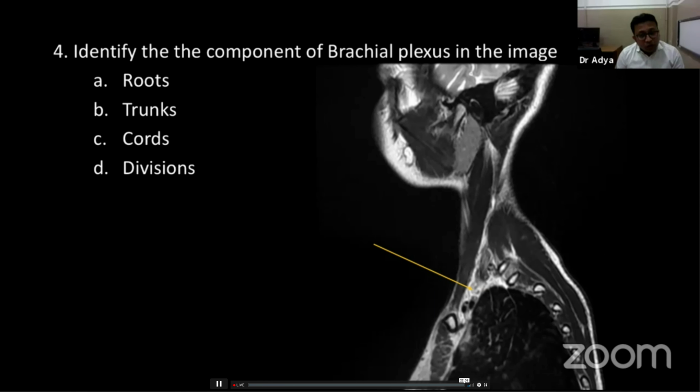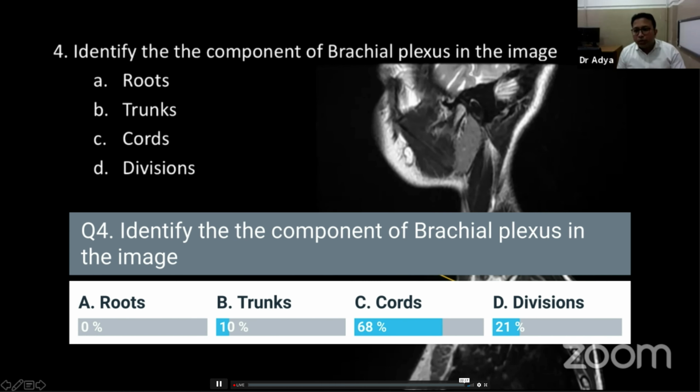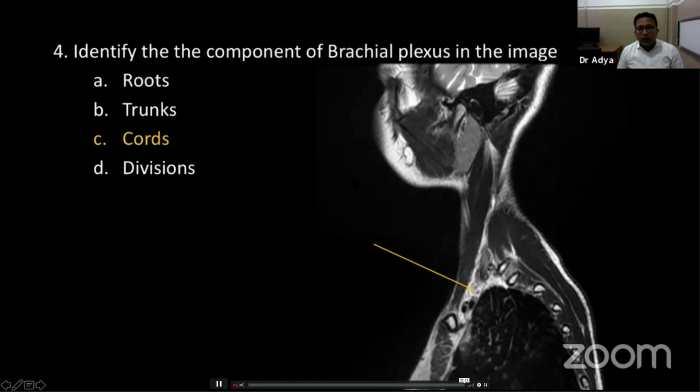Yeah, very good. So the percentage of correct answers keeps on increasing. I used another plane, the sagittal plane, which is a very difficult plane to assess. Now, the cords is the correct answer. Now you can see this structure, what is this?